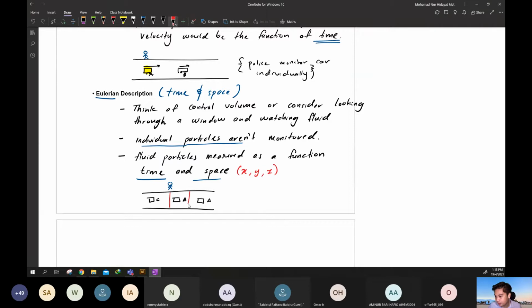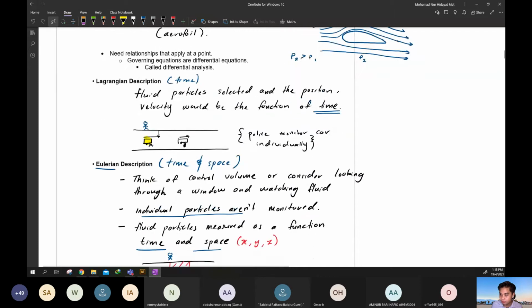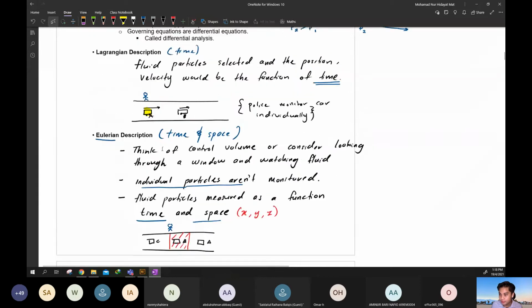He only monitors the location. So how many cars pass through this intersection? This is the analogy to what we do when comparing the Lagrangian to the Eulerian. Lagrangian follows the individual path of the car.